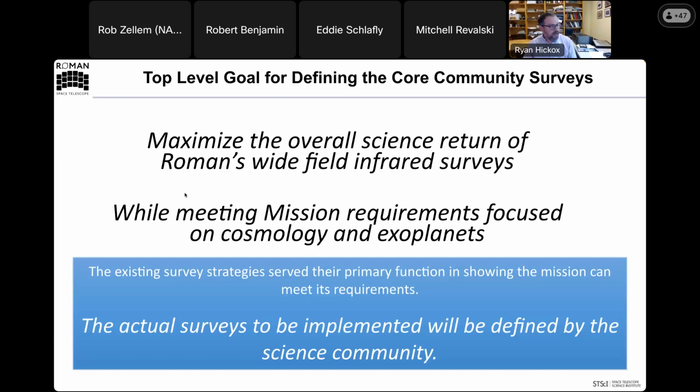So in addition to meeting these requirements as laid out by Astro2020, our aim is to meet those and then maximize the overall science return. And the surveys as implemented will be defined by the community based on this definition committee process that we're updating you on today.